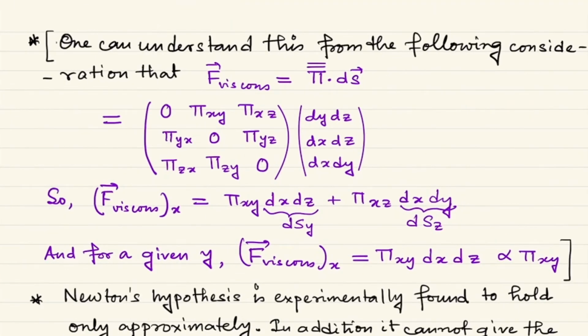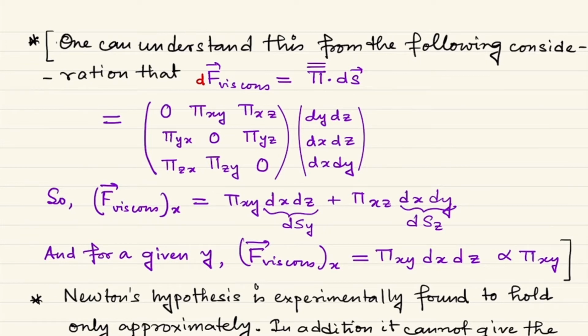It is also very easy to understand, because if we now write the viscous force, which is nothing but a surface type of force, okay, then that should be given by, actually this is also wrong, d of this, yeah, that should be given by pi dotted with some surface elements.